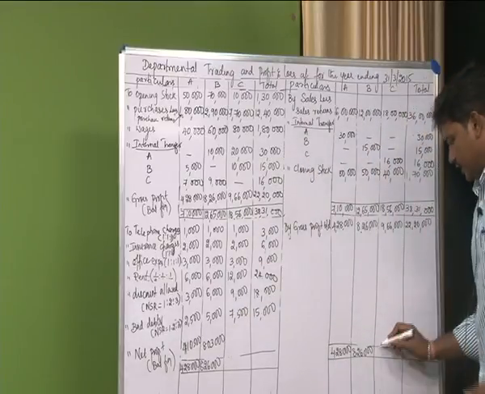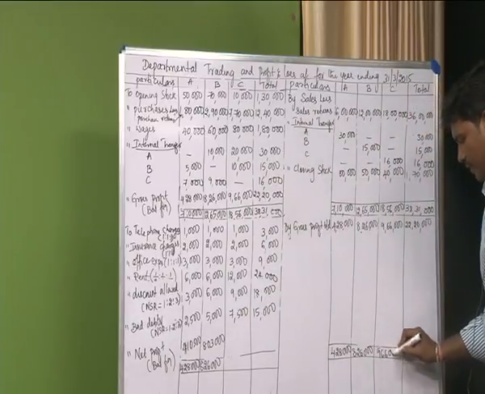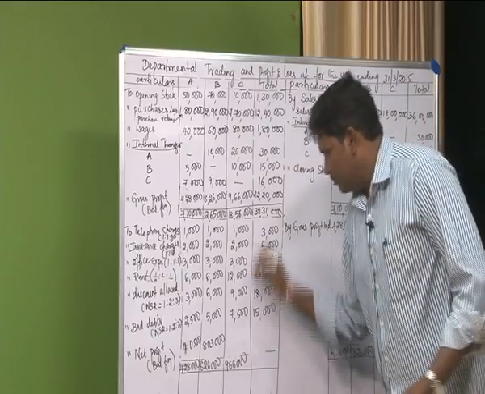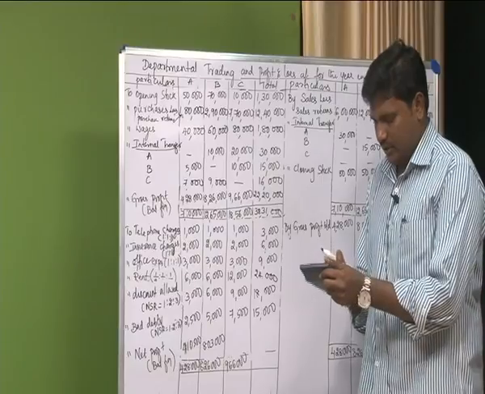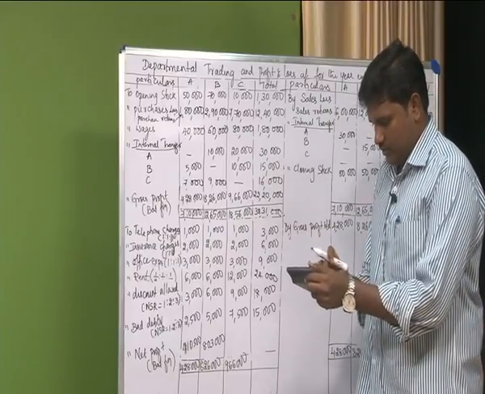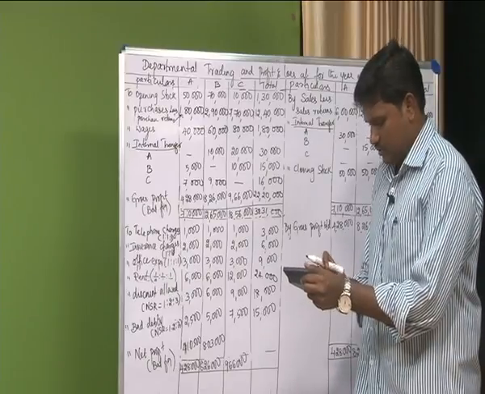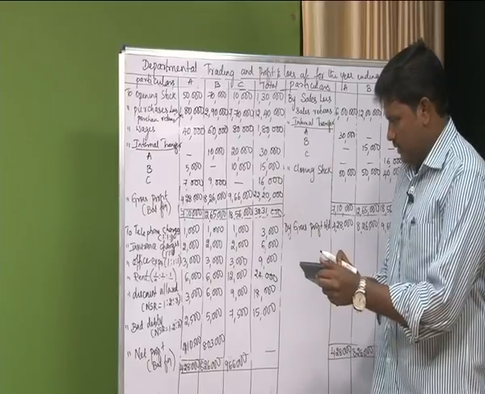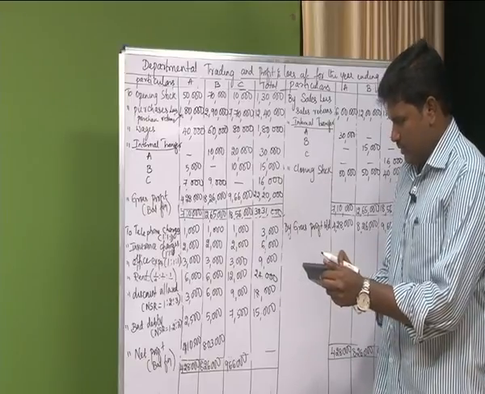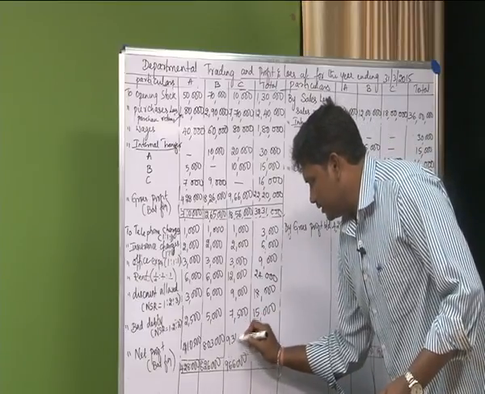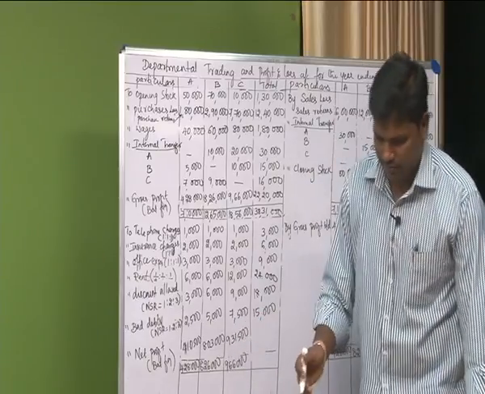Next 9,66,000 minus all expenses: 1,000, 2,000, 3,000, 12,000, 9,000 and 7,500, gives 9,31,500.